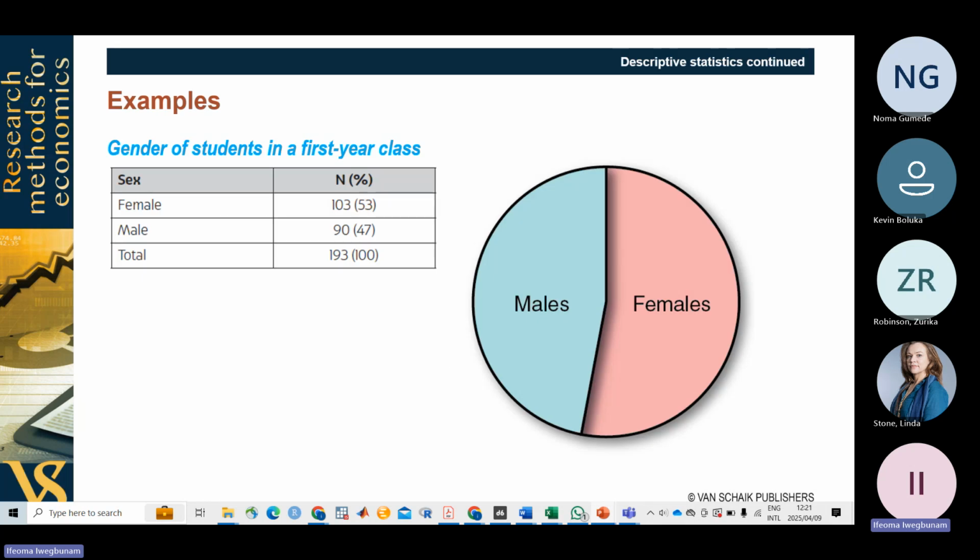So for example, when you want to look at maybe a population in a given institution, maybe University of South Africa, for example, and you want to see the number of male and female students there, this is a kind of descriptive statistics.